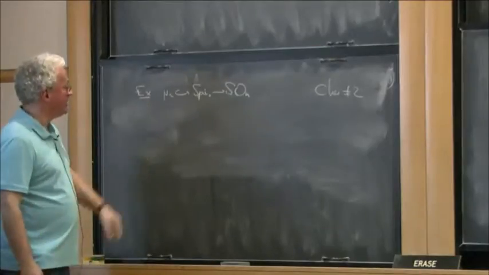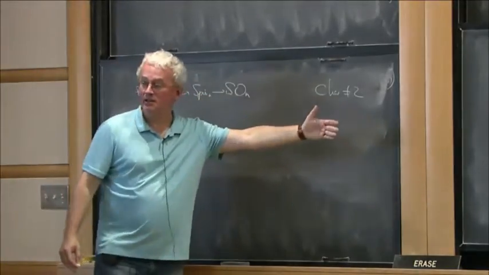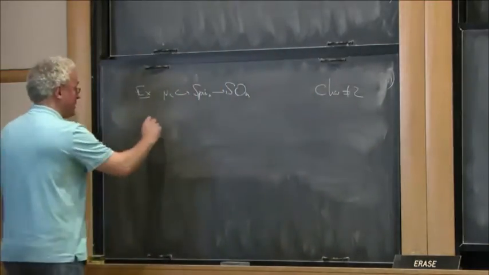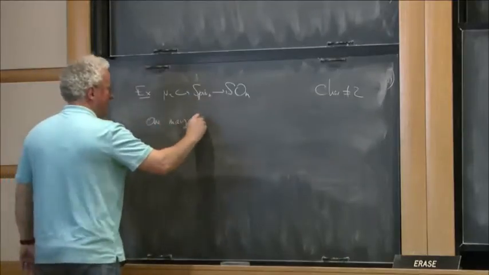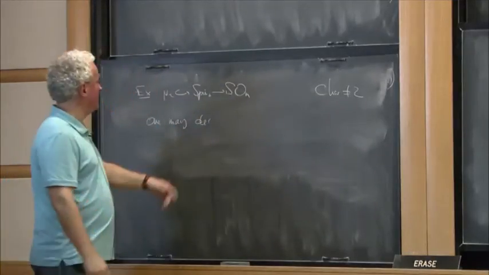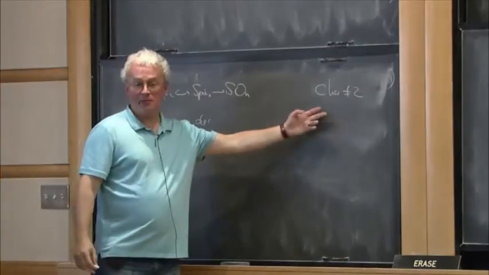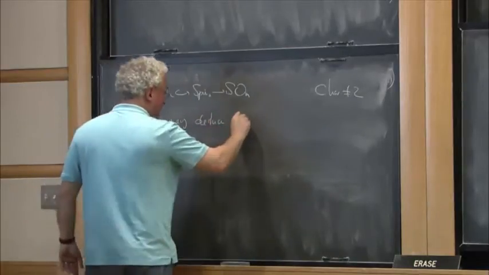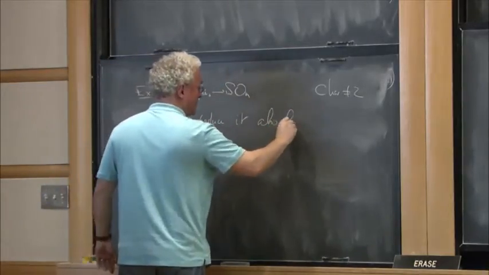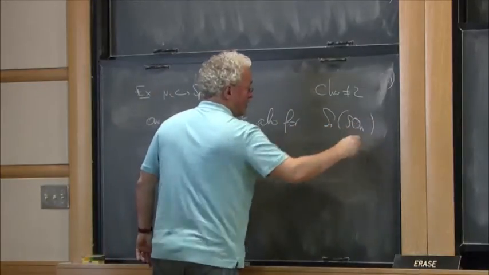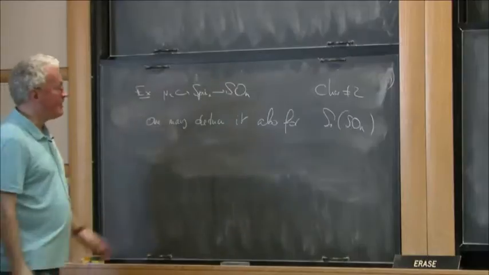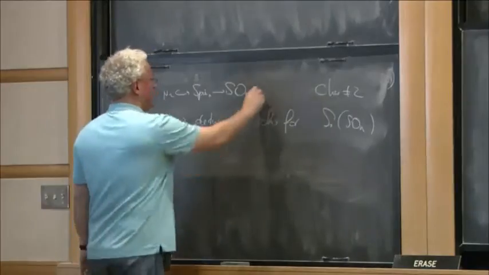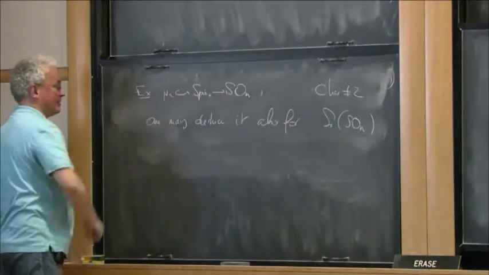But I observed that if you assume you are in characteristic not 2, and any Z mod 2 étale torsor over the affine space is trivial, then it is still true. So one may deduce it case by case. Basically, if the field has characteristic prime to the order of the fundamental group, you may deduce it also for SON, and so on. It is just to explain the kinds of improvements you can make to this statement case by case.